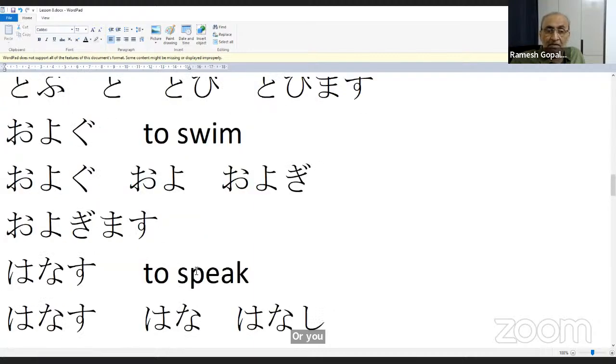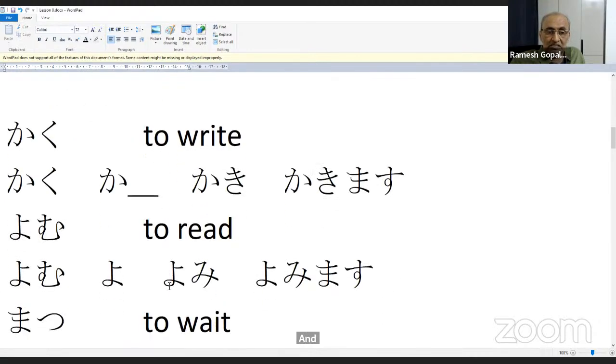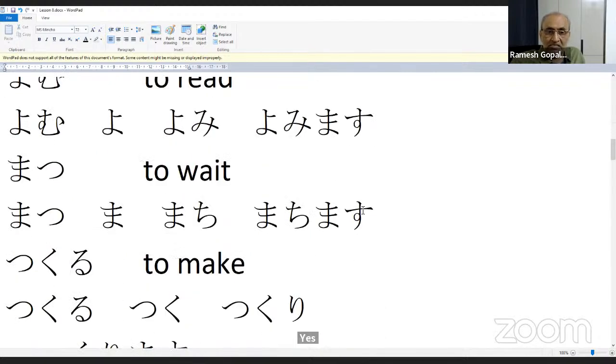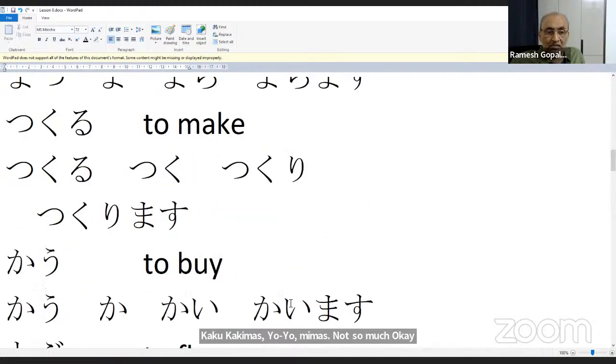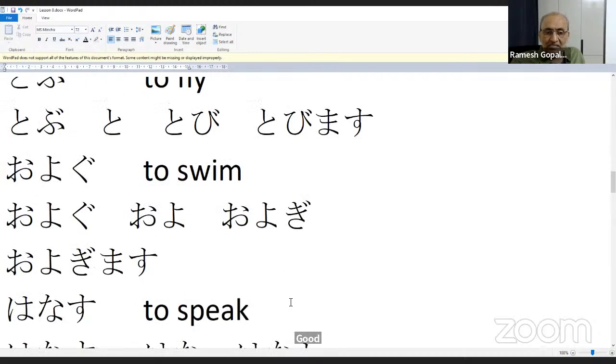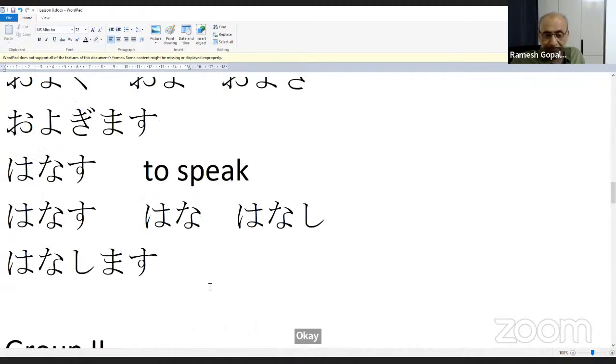Okay, now see this. Kaku, kakimas; yomu, yomimas; matsu, machimas; sukuru, sukurimas; kau, kaimas; tobu, tobimas; oyogu, oyogimas; hanasu, hanashimas.